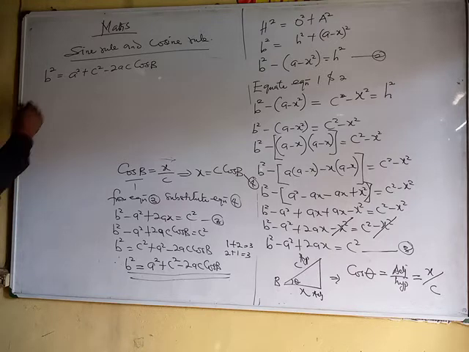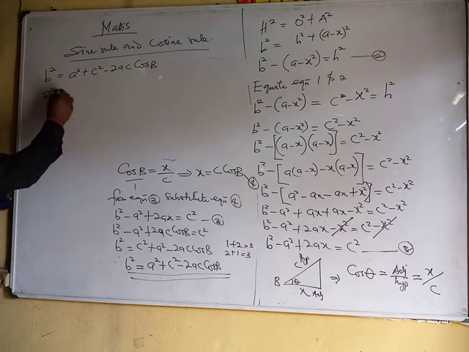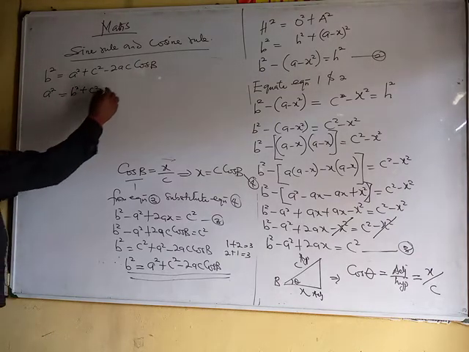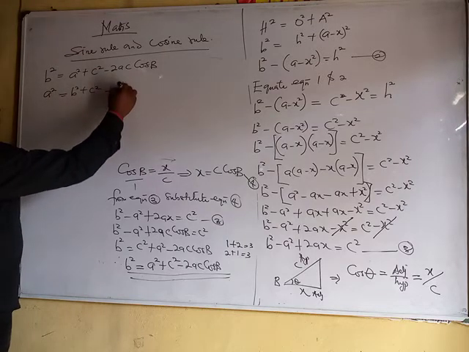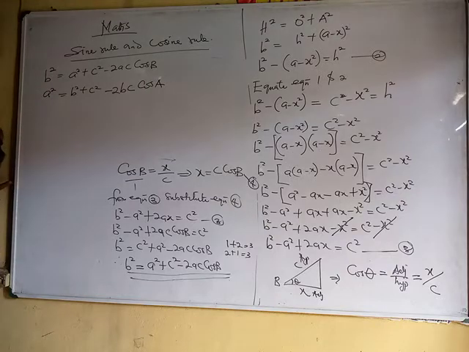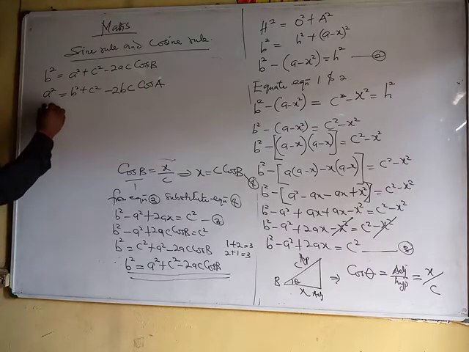Then if I have a square as the distance apart, I am going to have b square plus c square given to me, minus 2 times bc, cos of A. Suppose the distance apart is c square.